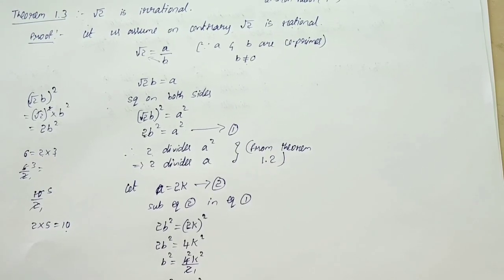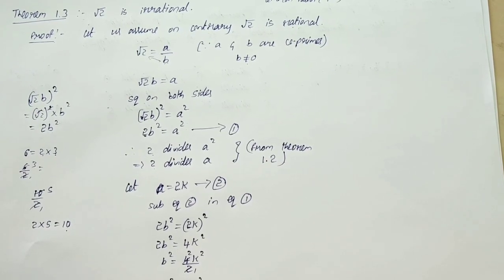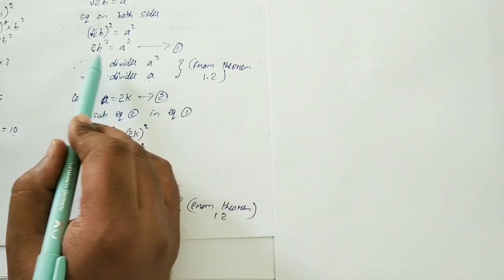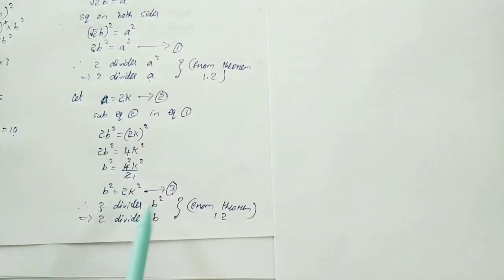So this is from theorem 1.2. Next, from both equation 1 and 2, we came to know that, see here, from equation 1, 2 is a factor of a, right? Then from equation 2, 2 is also a factor of b. That means both a and b have the common factor 2, right?